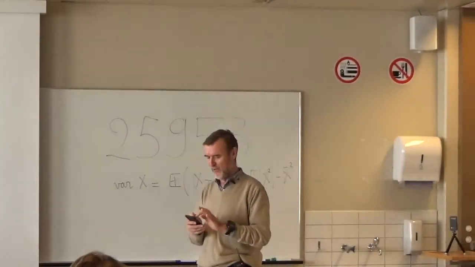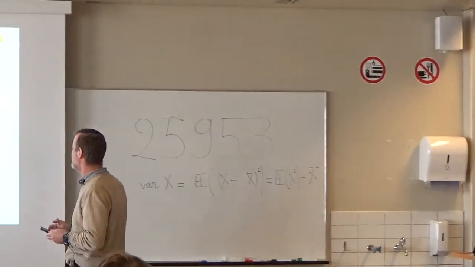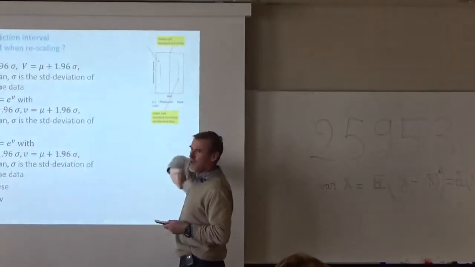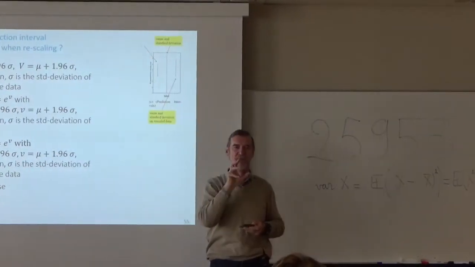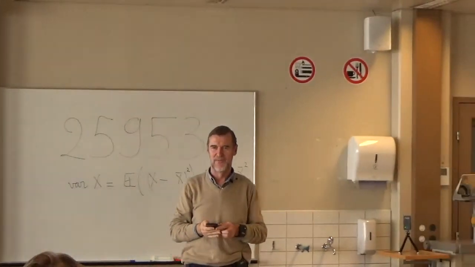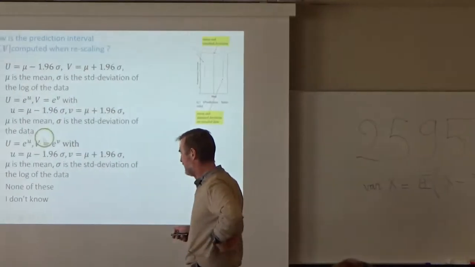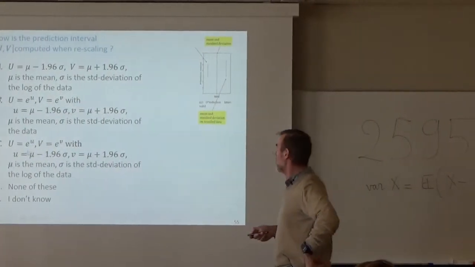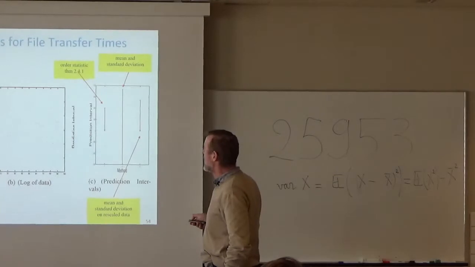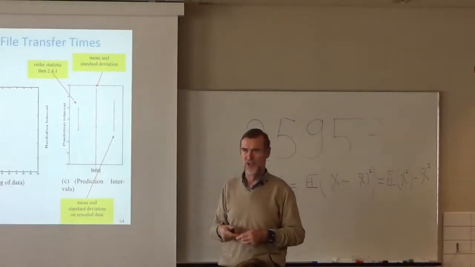Now, very concretely, if you have for homework to program in MATLAB this prediction interval here, which is based on the observation that the log of the data looks reasonably normal, how would you do it? And the small majority says C, which is correct. We assume that the log of the data is normally distributed.